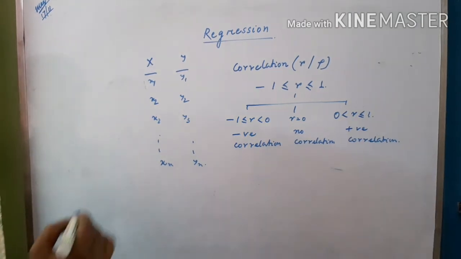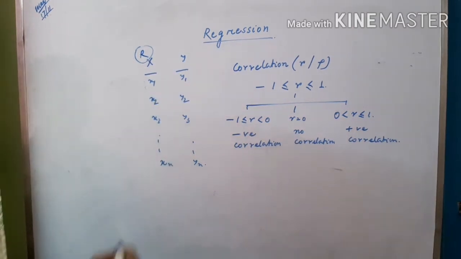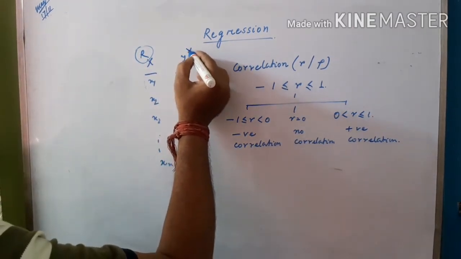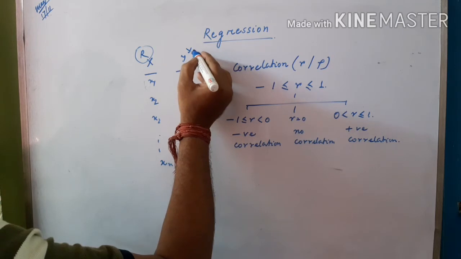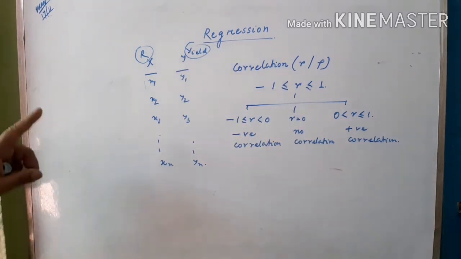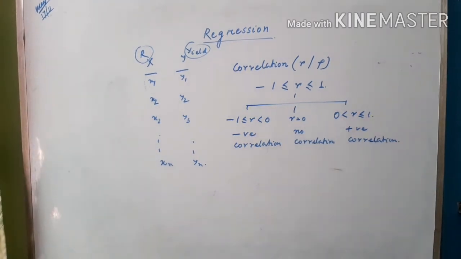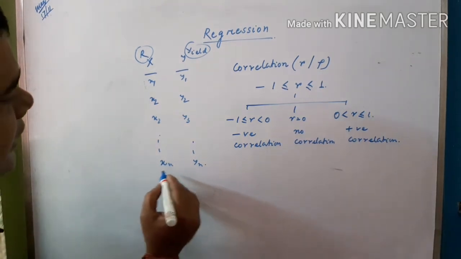Now let us suppose X is rainfall, I am writing R, and Y is the yield of a certain crop. Clear? Now x1, y1, x2, y2, xn, yn, these observations, we assume that they are the observations for the last 10 years.